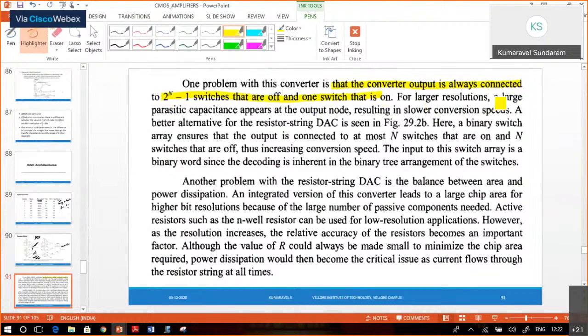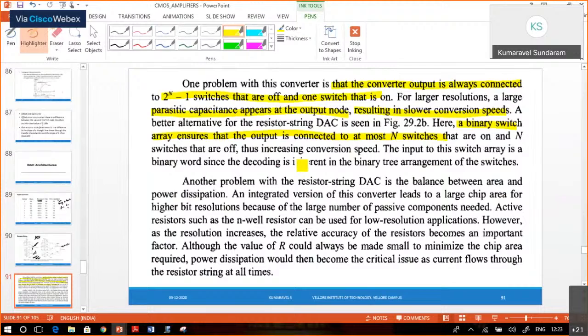So for larger resolution, a large parasitic capacitance appears at the output node, resulting in slower conversion speeds. So hence we go with binary. A binary DAC ensures that the output is connected to at most n switches, thus increasing conversion speed. That is, we are decreasing the parasitic capacitance at the output node.